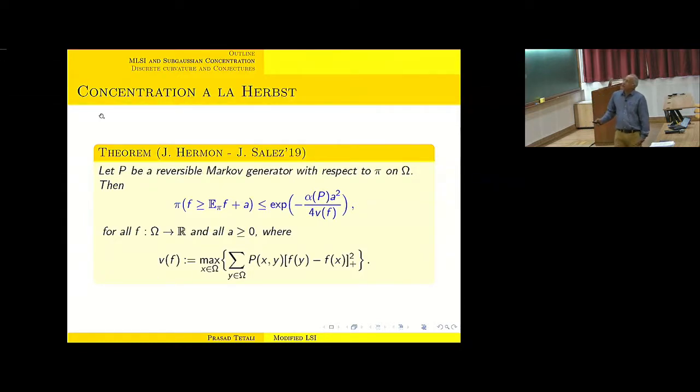So this is a similar implication of what I just went through, under an assumption on alpha, the modified log Sobolev. You want to derive sub-Gaussian. And my assumption of summation d square L is replaced by this type of condition without any other assumption on f. So if you say f is Lipschitz, then this is basically what I had.